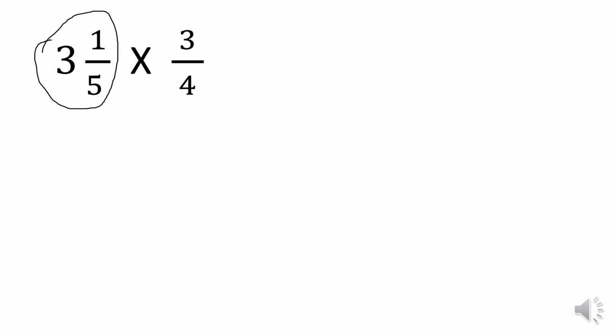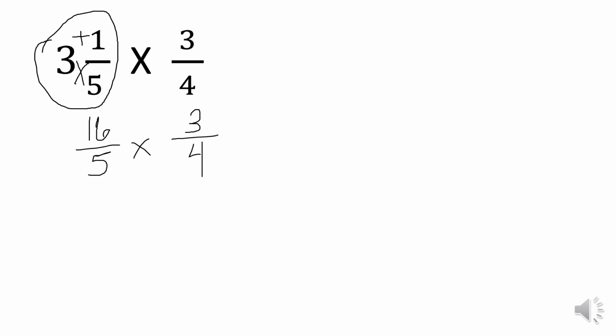How do we convert a mixed number to an improper fraction? We have to multiply the whole and the denominator and then add the numerator. So it's going to be 3 5s of 15 plus 1 is 16. 16 over 5. Multiply by 3 over 4.